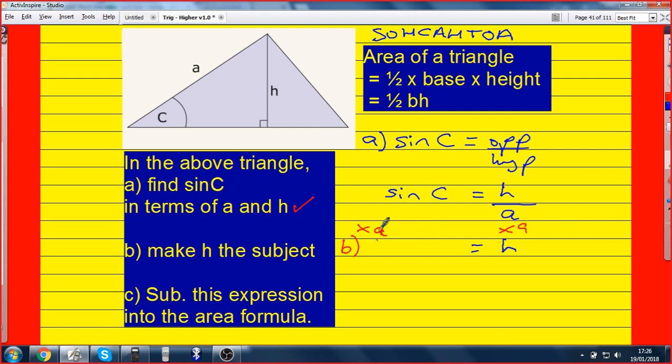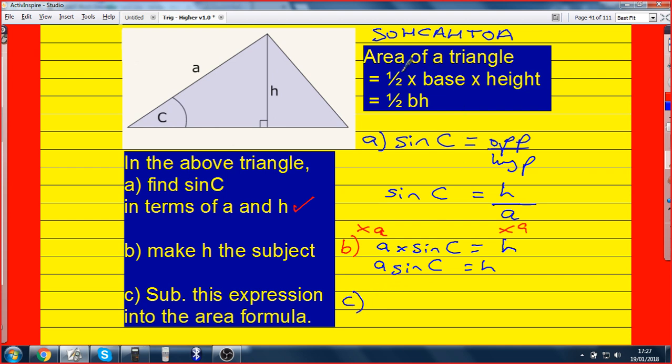That's an A. Just have to do the C. So it's literally just sine C times A, and I'll write it the other way, A times sine C. In the same way that you can write 3x as short for 3 times x, A times sine C you can write as A sine C. Same thing.